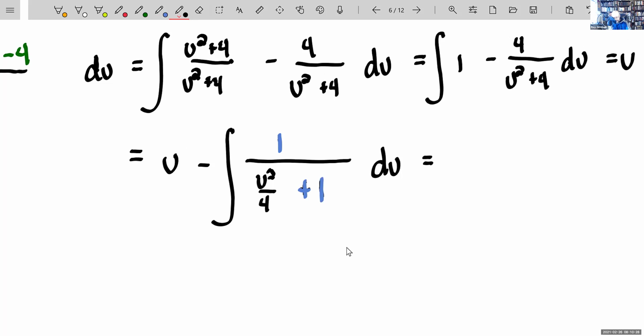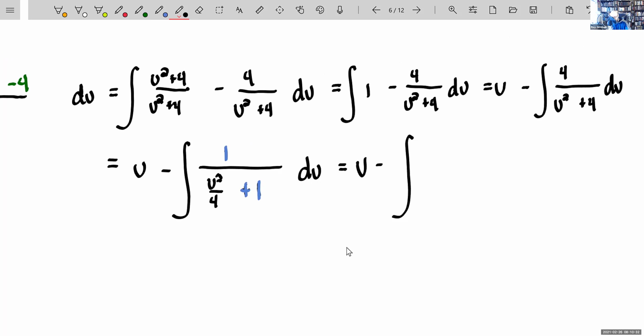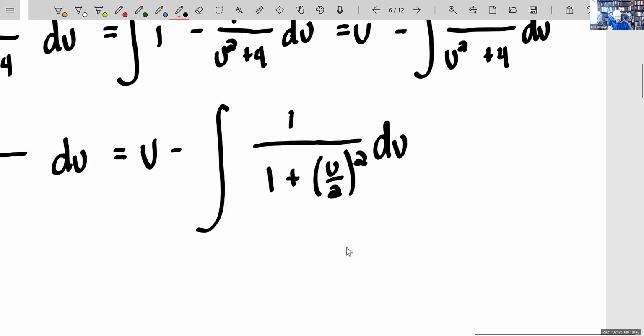So I'm going to rewrite it as, well, we have that u hanging out front. We're going to rewrite that as the integral of 1 over 1 plus, and instead of u squared over 4, I'm going to write that as u over 2 being squared. And now I have the antiderivative at hand.